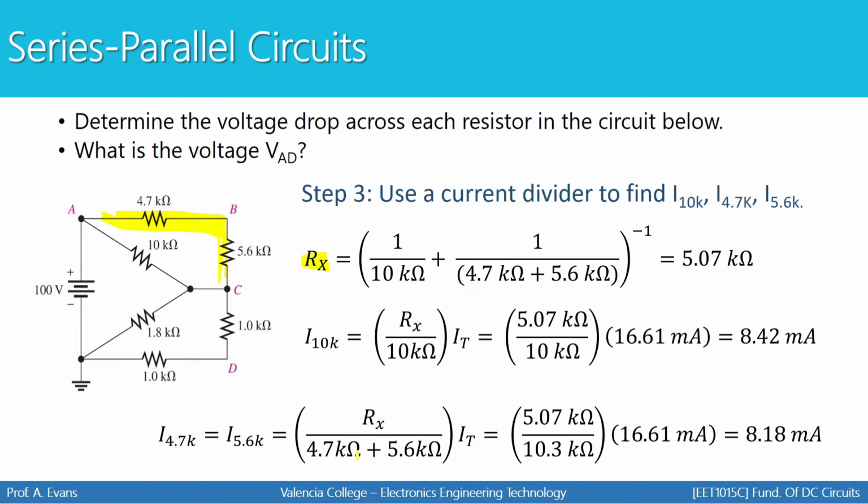So the bottom of your fraction has to be a combination of both of these resistances. Then you're going to multiply by IT and get that the current through the 4.7K and the 5.6K resistor is 8.18 milliamps. Again, use KCL, add these up, and make sure you get what you started with, which you do.